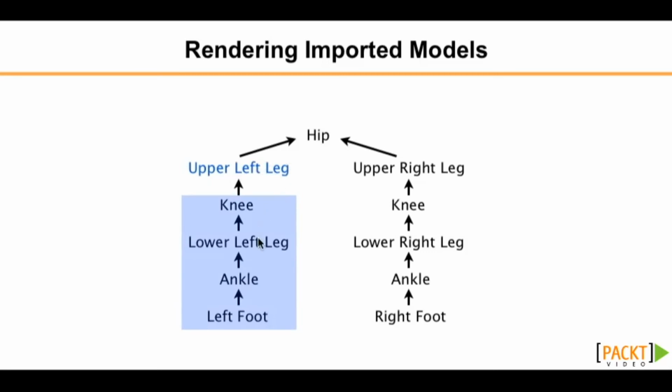The movement of the upper leg affects all the other bones, such as the knee and the lower left leg, ankle and left foot. But the movement of the lower leg affects the ankle and the left foot. So if we rotate the knee, we are actually moving the position of all the other bones below it. That's the sort of thing we need to keep in mind. In the next video, we're going to be learning how to animate complex objects.